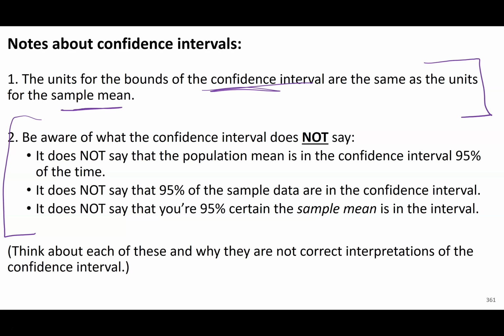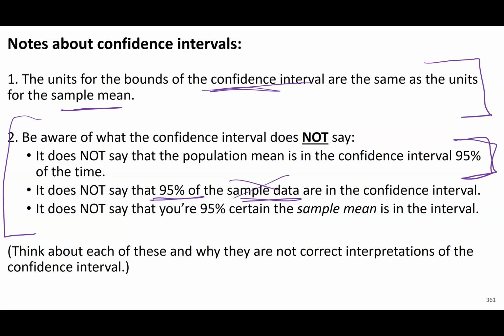It doesn't mean that the mean is in this particular interval 95% of the time, because in reality it's either in there or it's not. It's just that 95% of the intervals we make using this particular method have the actual mean in them. It also doesn't say 95% of the sample data are in the confidence interval. That's absolutely not going to be true.